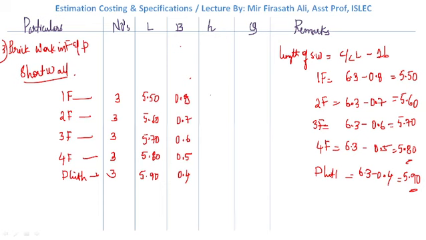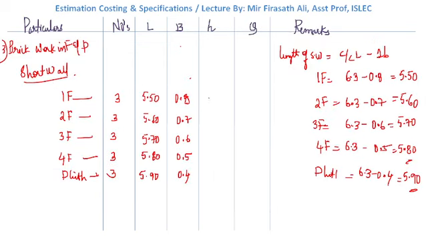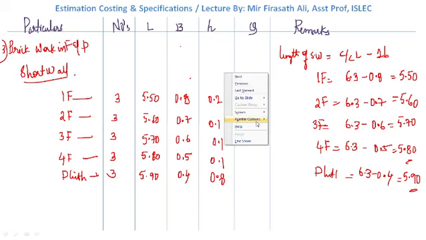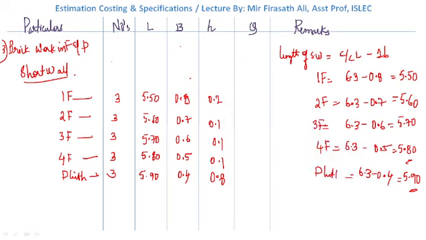The height we will take from the previous one: 0.2, 0.1, 0.1, 0.1, 0.8. Now, if we multiply the quantities, what will we get? Multiply all these: 3 into 5.50 into 0.8 into 0.2, which is approximately 2.64.